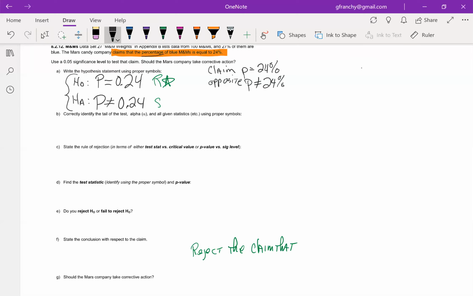And what is the that? That is the percentage of blue M&Ms is 24%.